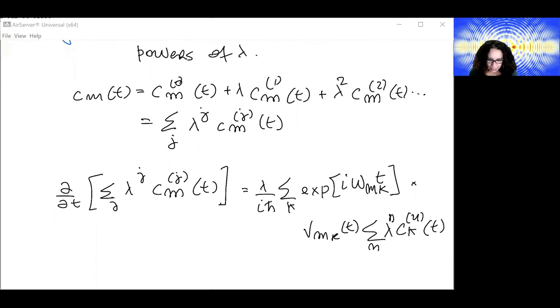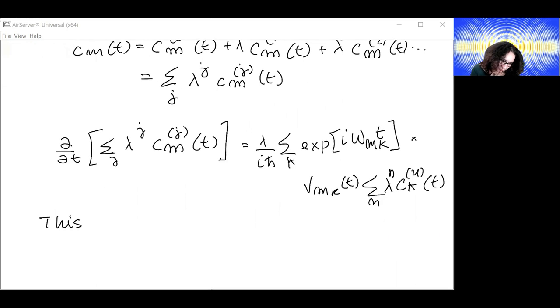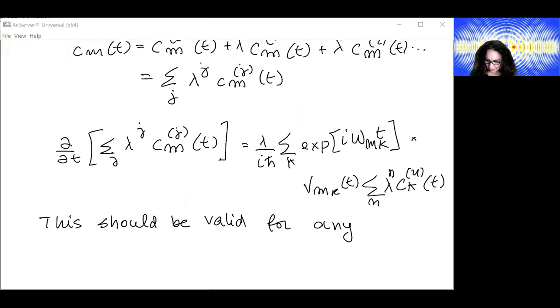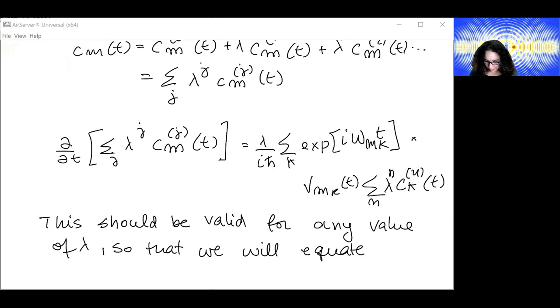And we know that this equation should be valid for any value of lambda, so that we will equate powers on the right hand side and the left hand side.